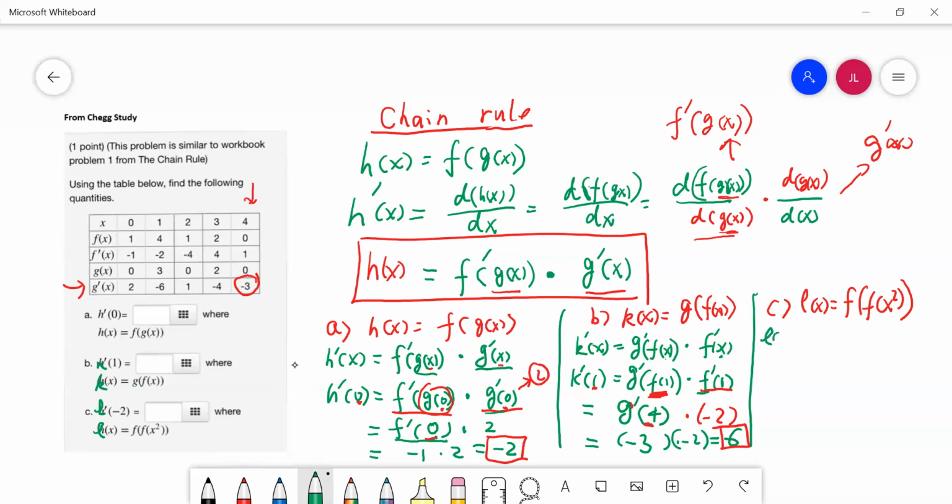By chain rule, L(x) derivative equal to f derivative with respect to f(x) squared, which is f derivative with respect to x squared, then the x squared derivative, that will be 2x.